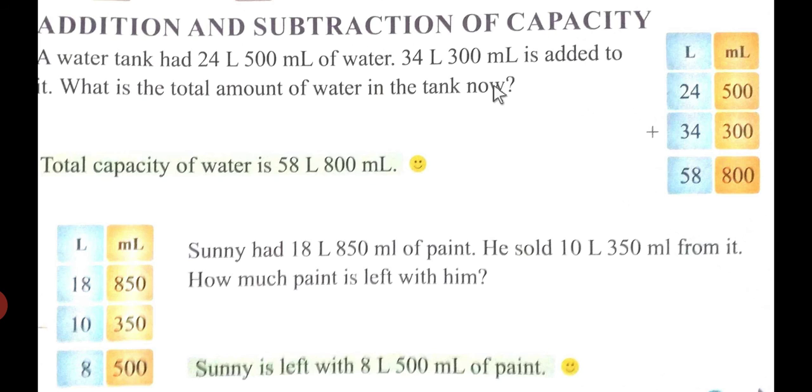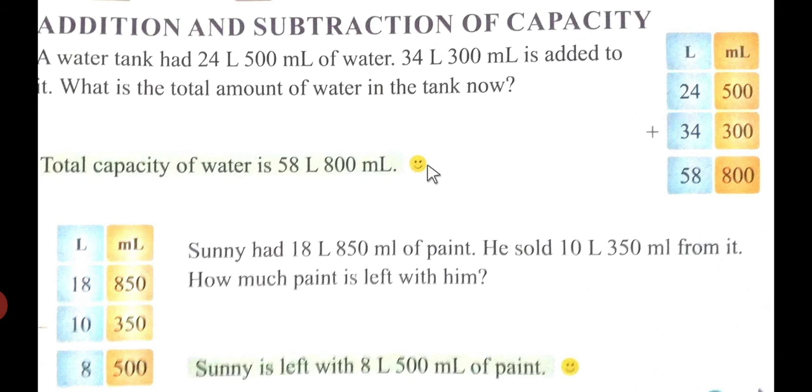Addition and subtraction of capacity. So it's a word problem, children, please understand it carefully. Look at the book carefully. A water tank had 24 liters and 500 milliliters of water. 34 liters and 300 milliliters is added to it. What is the total amount of water in the tank now?